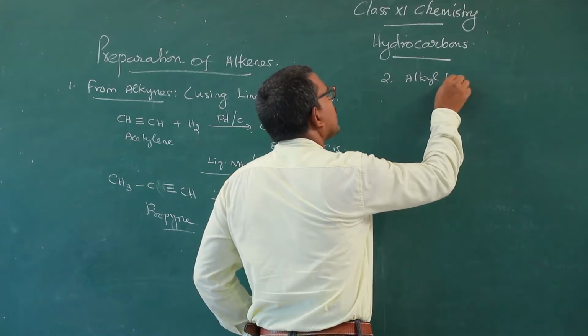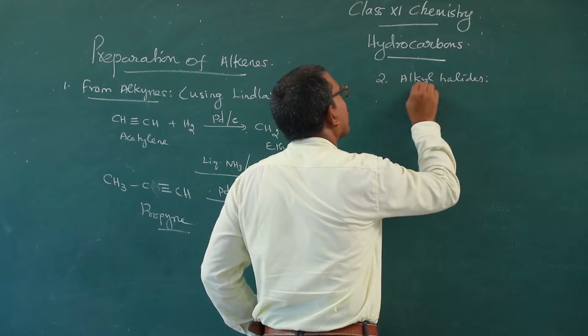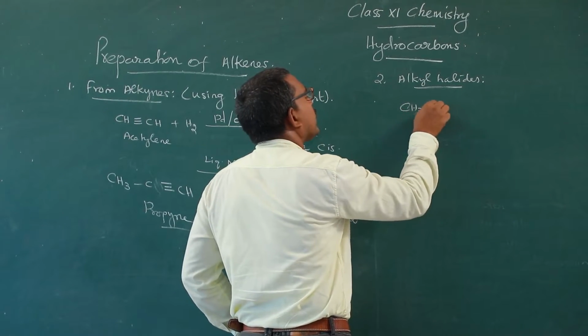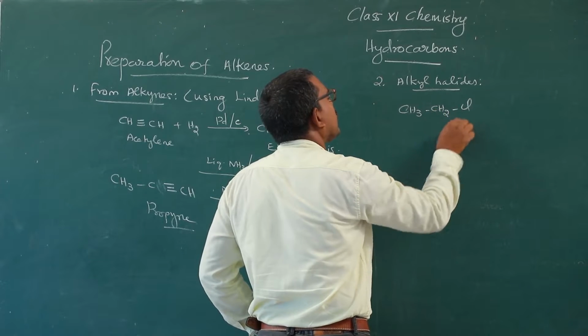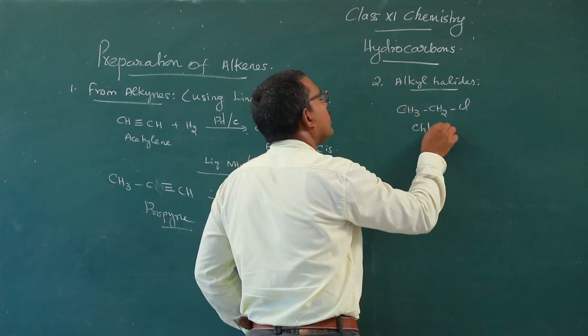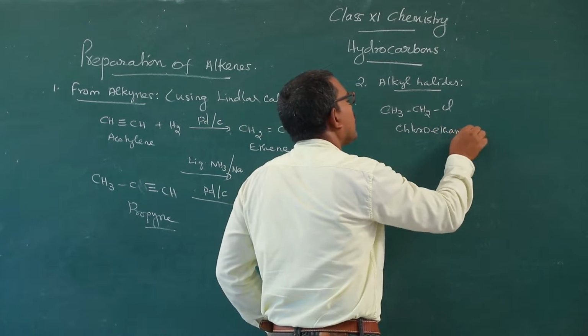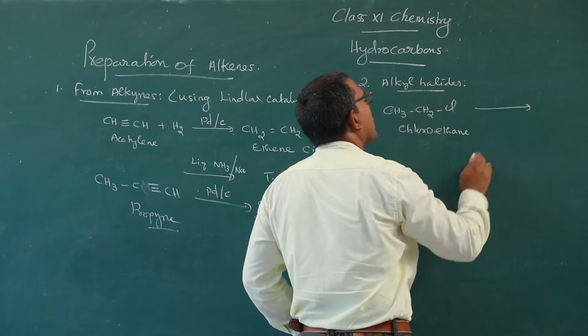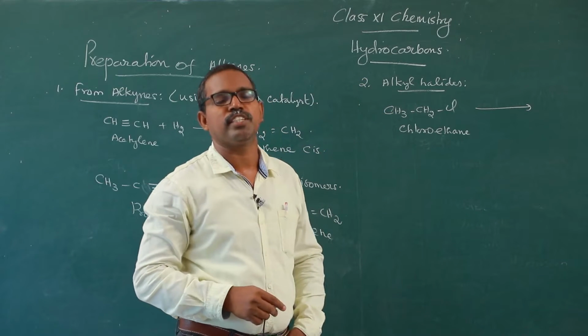And the second method is from alkyl halides. Using alkyl halides, CH3CH2Cl, chloroethane. In the chloroethane, dehydrohalogenation takes place.